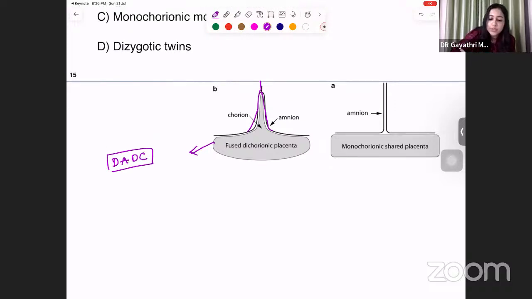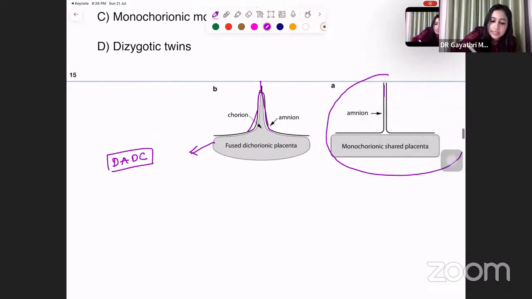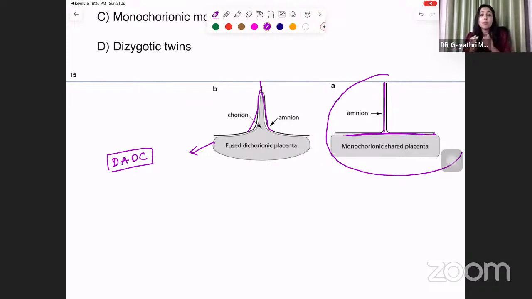The next one that you see, this is your T sign, which is seen in case of monochorionic diamniotic twins. So where do you see this T sign? It is seen in monochorionic diamniotic. This lambda sign can also be written as the twin peak sign. So twin peak sign is nothing but again this lambda sign.